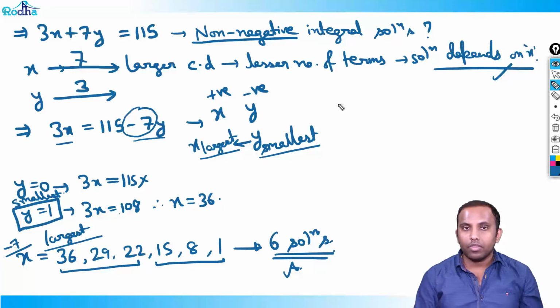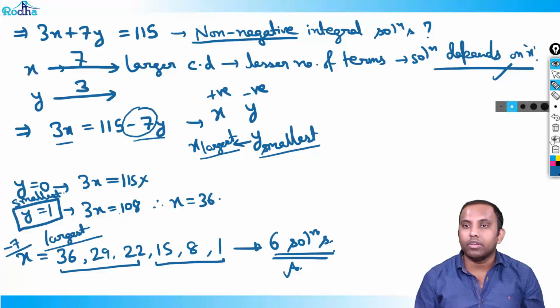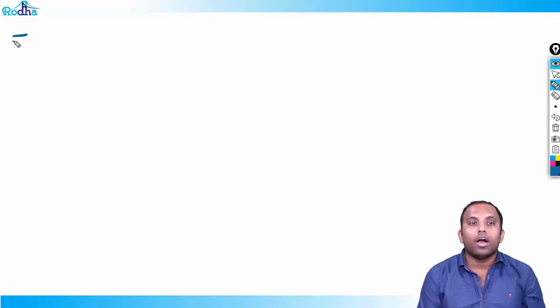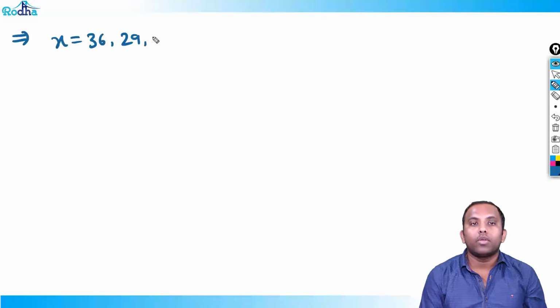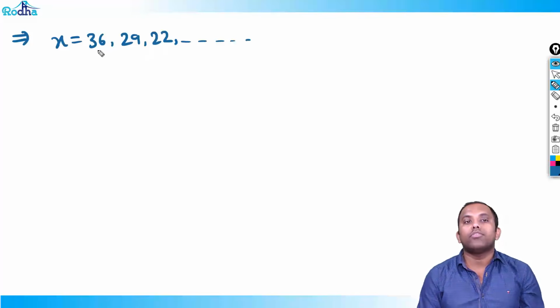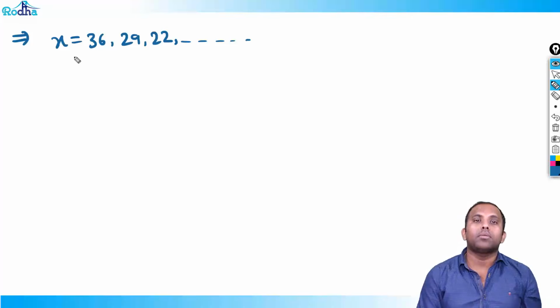Please listen carefully here. Now, one more way to count this. x is equal to 36, 29, 22, and I know it is decreasing. If the values are larger, I can't write all the values and count. We have discussed this concept in numbers also.